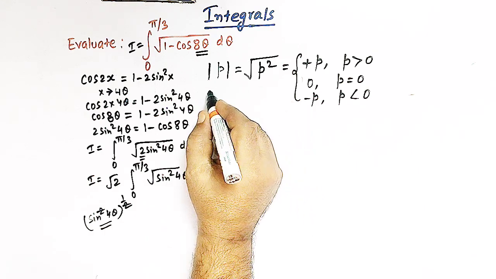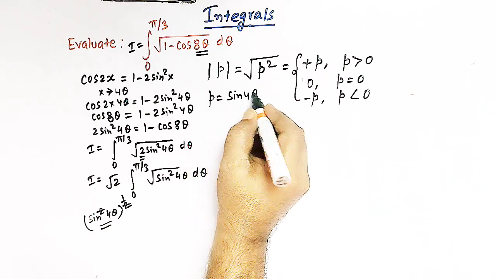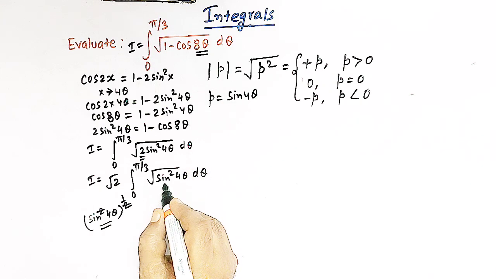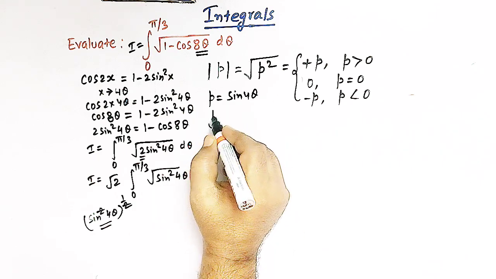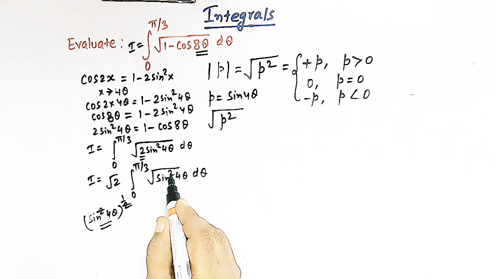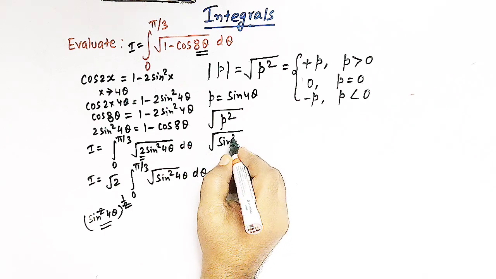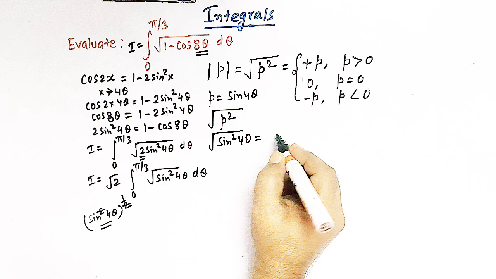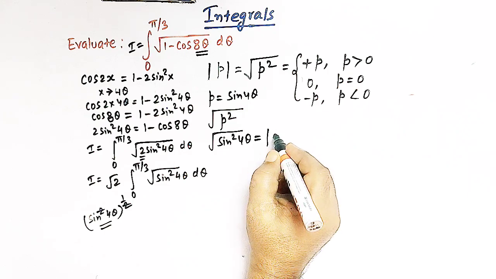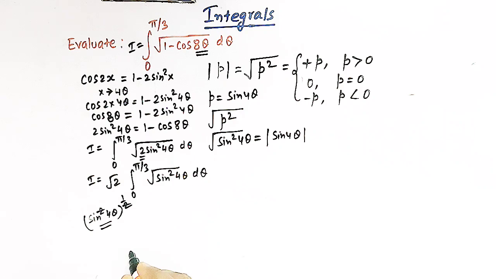Let us assume p is equal to sine 4 theta, so this is the square root of p square. So the square root of sine square 4 theta can be written as the absolute value of sine 4 theta.